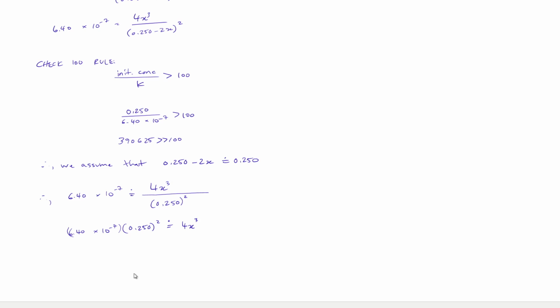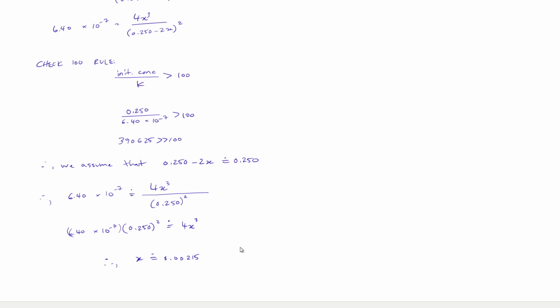Then I solve for x by dividing both sides by 4 and then taking the cube root. That's just a mathematical manipulation. And so therefore, x is approximately, again an approximation, equal to 0.00215.